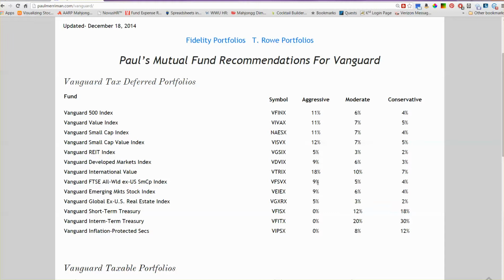And these are foreign. He doesn't have that much in foreign, which is kind of interesting. I might put a higher weight in foreign than he does, but these are just his recommendations for what he believes will create essentially a dominant point on average over the long run. And again, there's not just one dominant point.